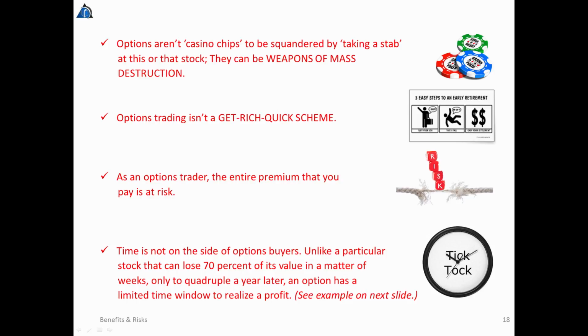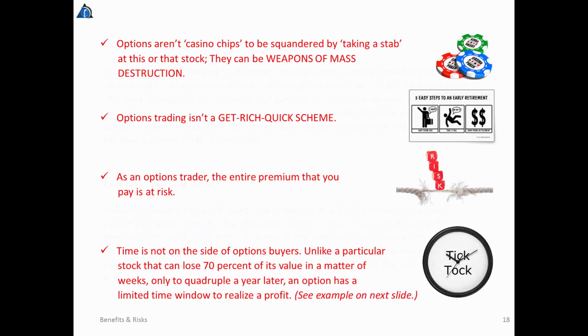And needless to say, time is not on the side of options buyers because the clock is ticking. Unlike a particular stock that can lose 70% of its value in a matter of weeks, only to quadruple a year later, an option has a limited time window to realize a profit. We've already seen that in the previous example.